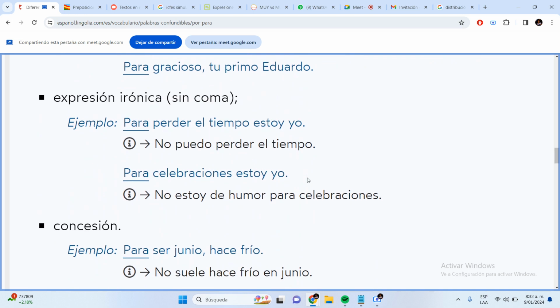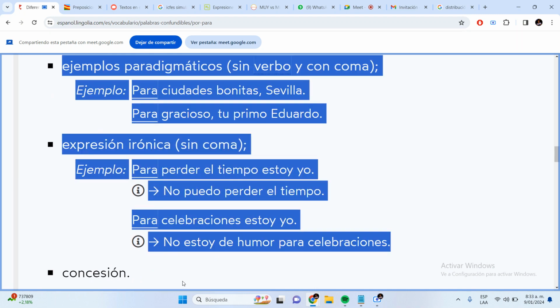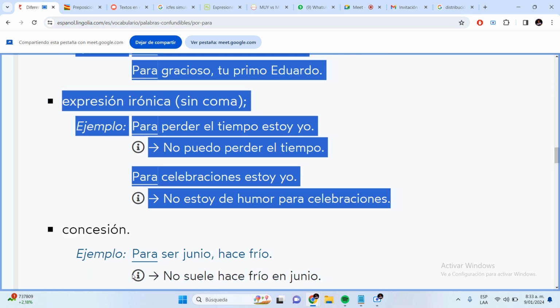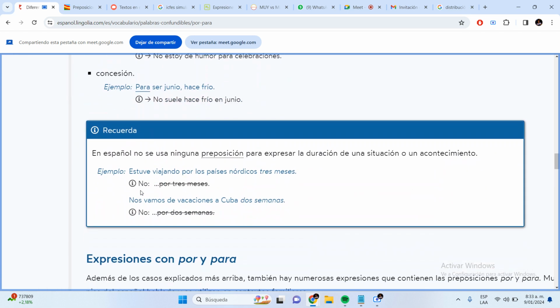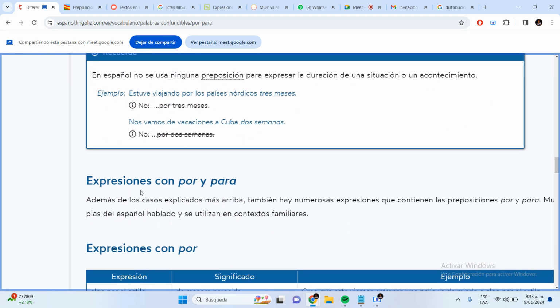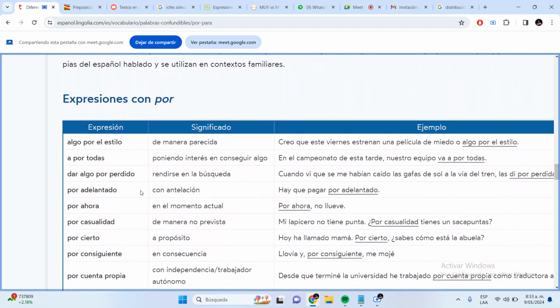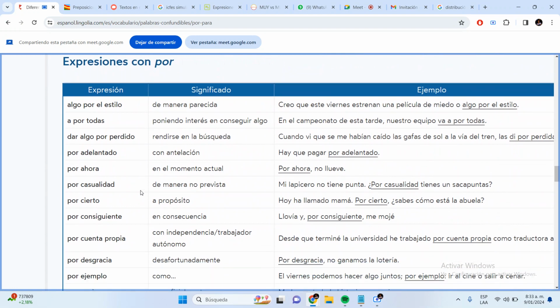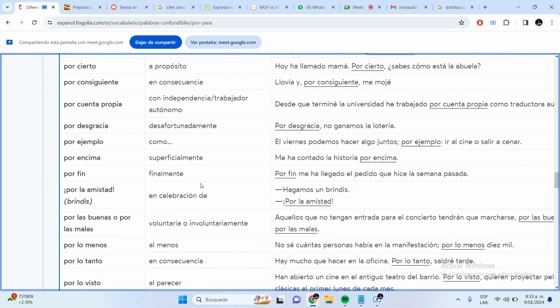Just these two, because the other three are kind of complicated and specific. So let's just keep those cases. And also there's a lot of expressions that use por, but there's a lot.